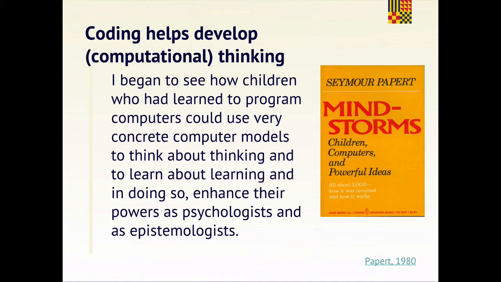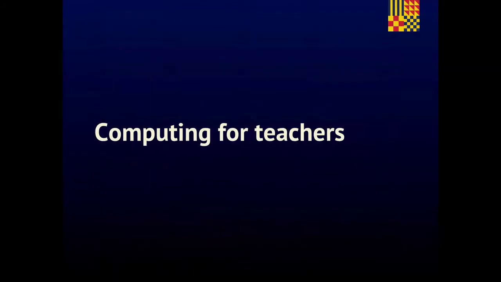"I began to see how children who'd learnt to program computers could use concrete models to think about thinking, to learn about learning, and in doing so enhance their power as psychologists and epistemologists." There's something special about giving the machine instructions that makes you think about how you think and learn more about how you learn, as well as being able to use technology really, really well.